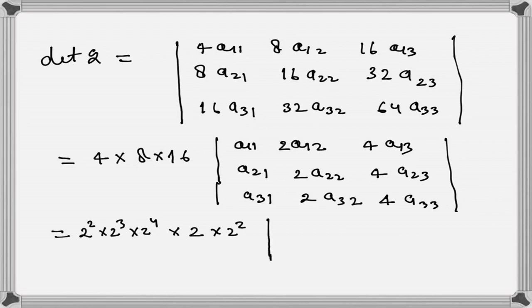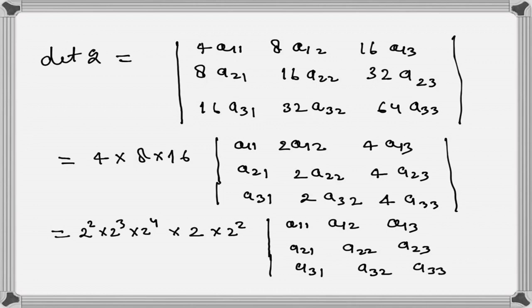So now we get the determinant with a11, a12, a13, a21, a22, a23, a31, a32, a33.